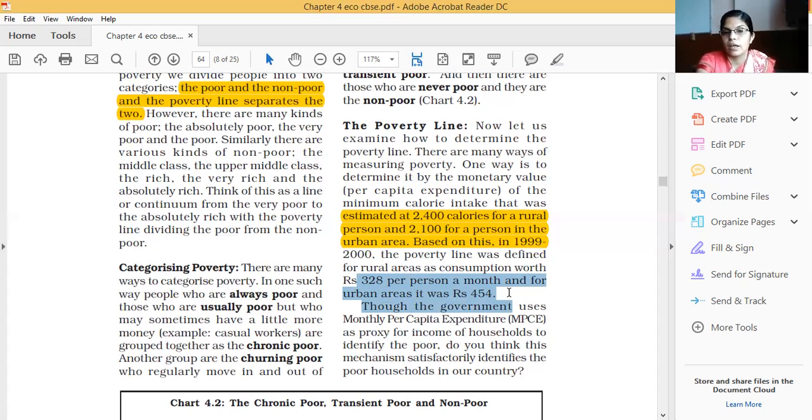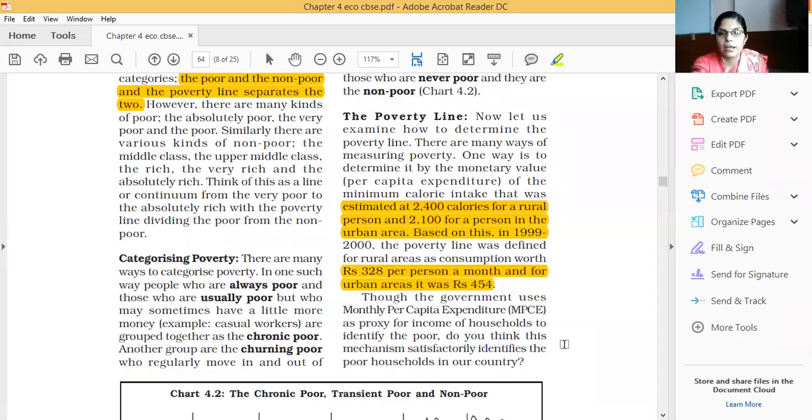So this type of income they decided, but it is related to 1999-2000. According to time, it has also changed. It was 328 per person per month in rural areas and 454 in urban areas in 1999-2000. That is the poverty line.